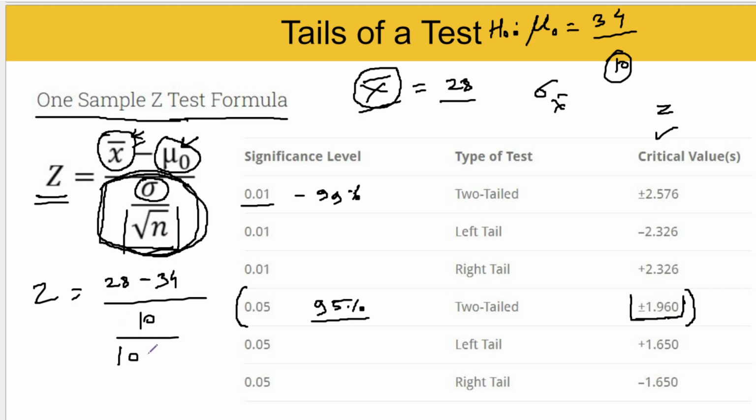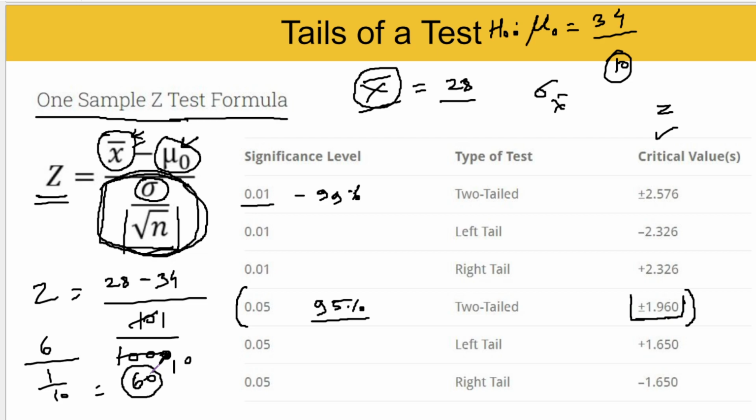Suppose I have selected 1000 samples. In this case, suppose I select only 100 samples. What will you get? 6 divided by 1 divided by 10, which is equal to 60. So 60 is very, very high.